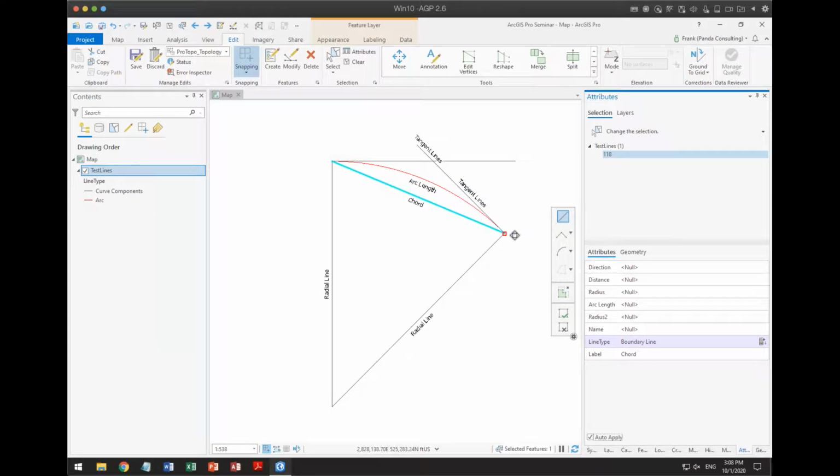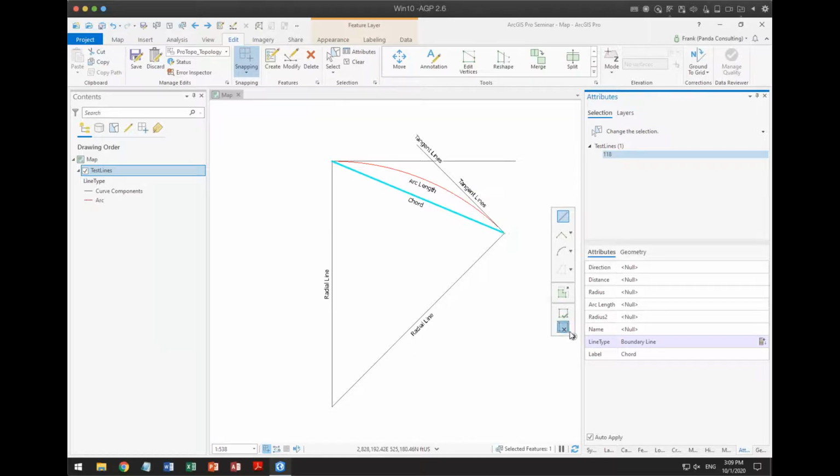By definition, we think of them as a series of points, not necessarily a line, but within GIS, we represent them as lines. We think of them as a series of points because any point on this arc length is a full component of a curve. And you can figure out how to calculate how to get to that point, how to locate that on the curve. There's a whole bunch of elements in here.